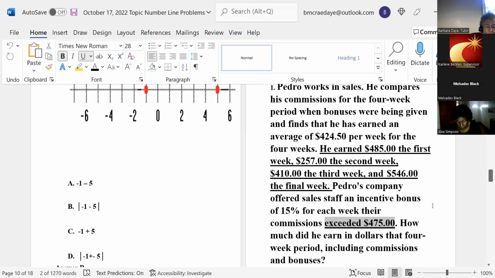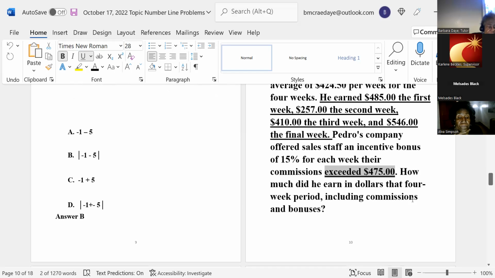Okay. So what you want to do is add the 257 and the 410, take 15% of 485, add that to the 485, take 15% of the 546, add that to 546, and add them together.